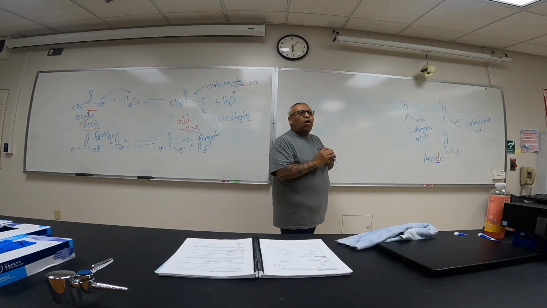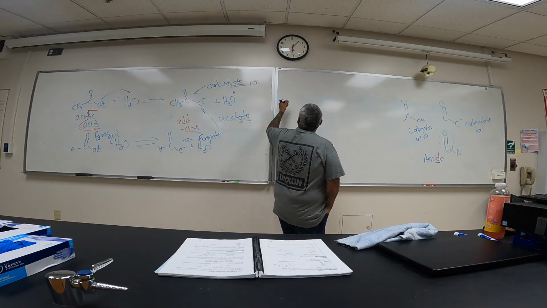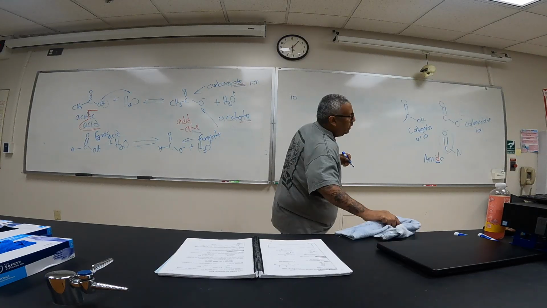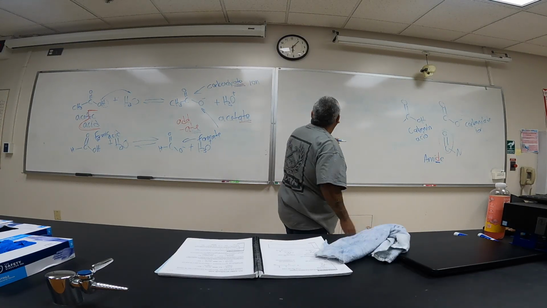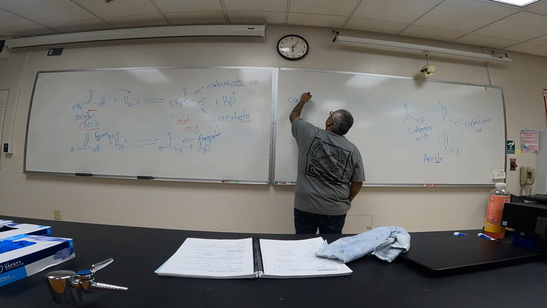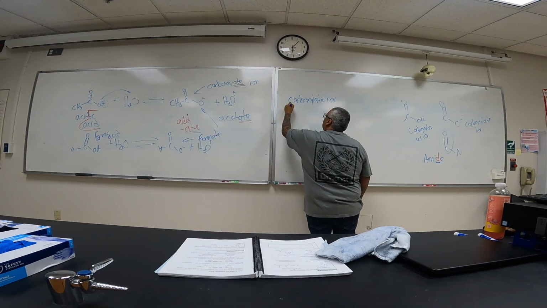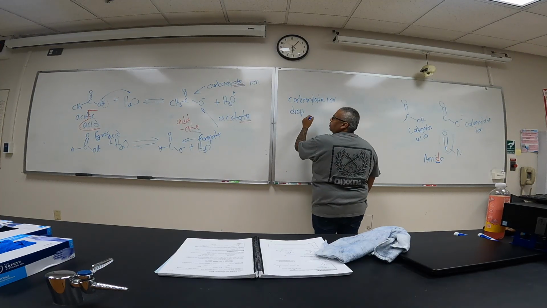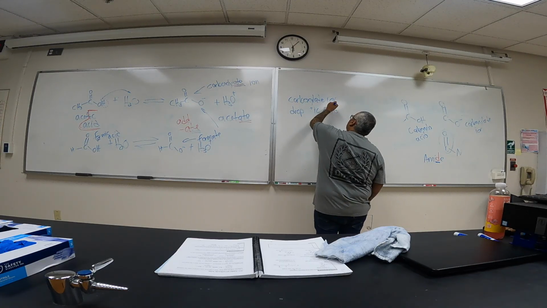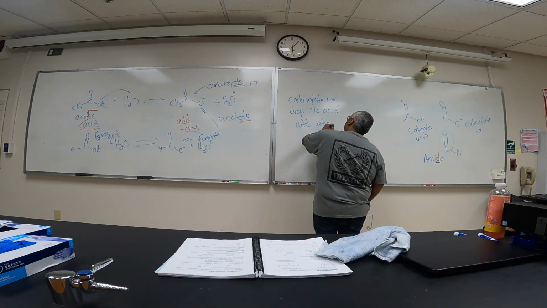Regardless if it's common or IUPAC, as far as ionizing a carboxylic acid, this is our rule for carboxylate ions: we're going to drop the ic acid and we're going to add ate.